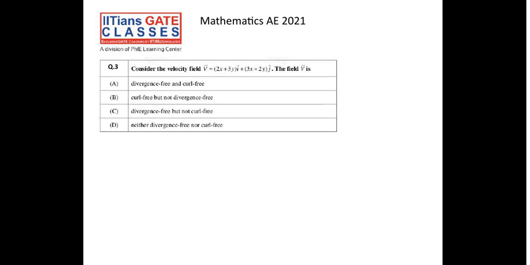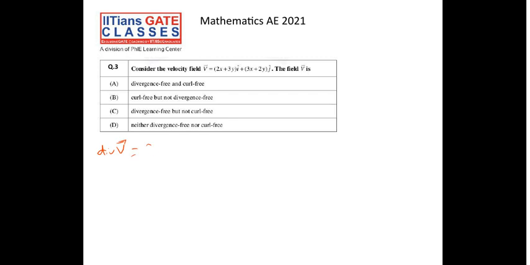Consider the velocity field V equals 2x plus 3y into i cap plus 3x plus 2y into j cap. The field V is divergence free, curl free, or not divergence free, and combinations of those. So we have to find the divergence and curl and see if it comes to 0. If it comes to 0, it's free from that corresponding quantity. So let's start with the divergence.